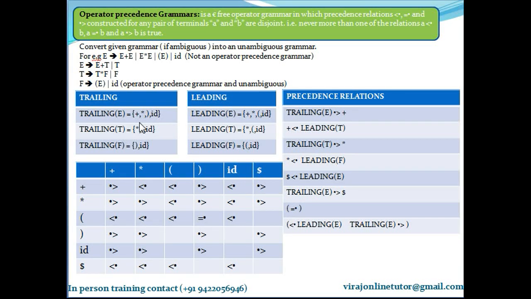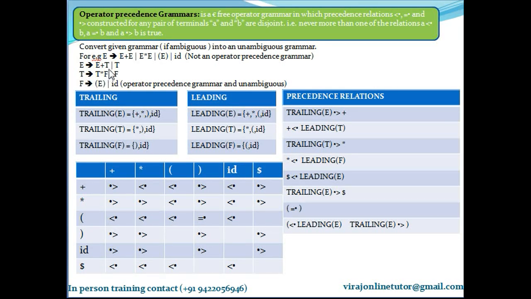And what is the next rule? The next rule says look out for the productions which end with a non-terminal. If it ends with a non-terminal, whatever trailing that ending non-terminal has, put it into trailing of the left hand side. So this production ends with a non-terminal, so whatever is in trailing of F, you copy it into trailing of T. This one also ends with a non-terminal, so the same as we just did.